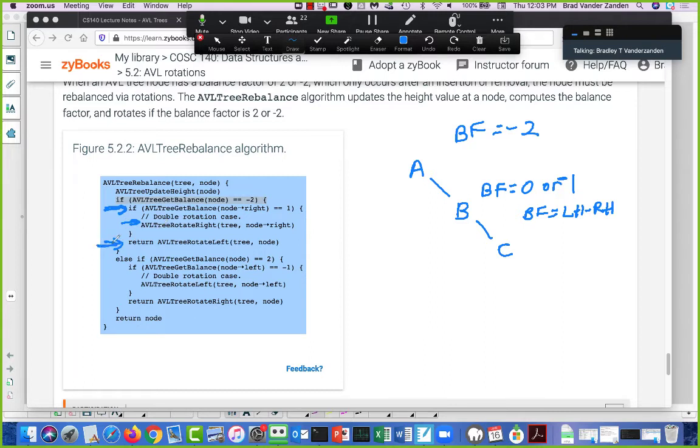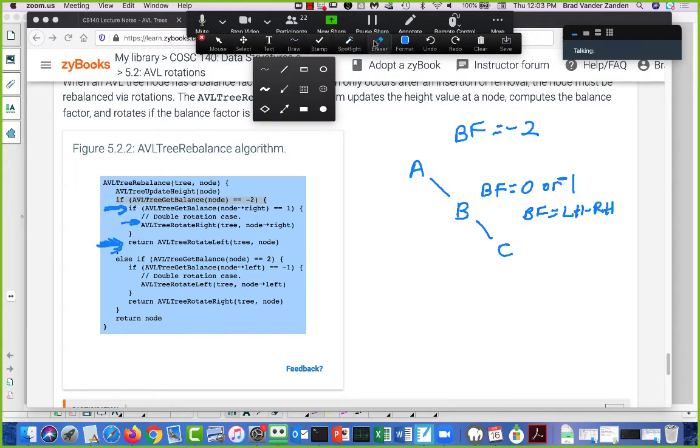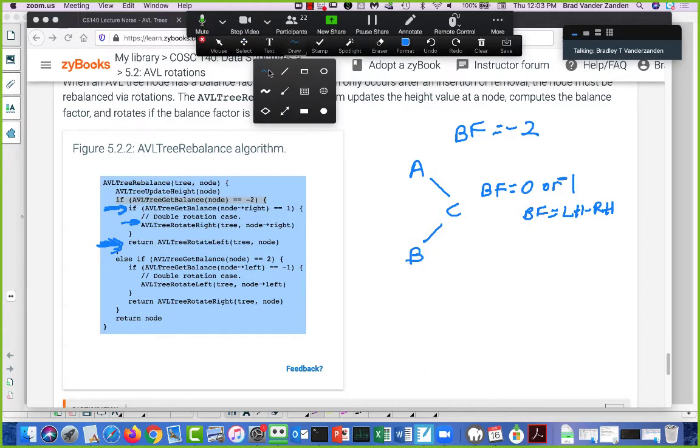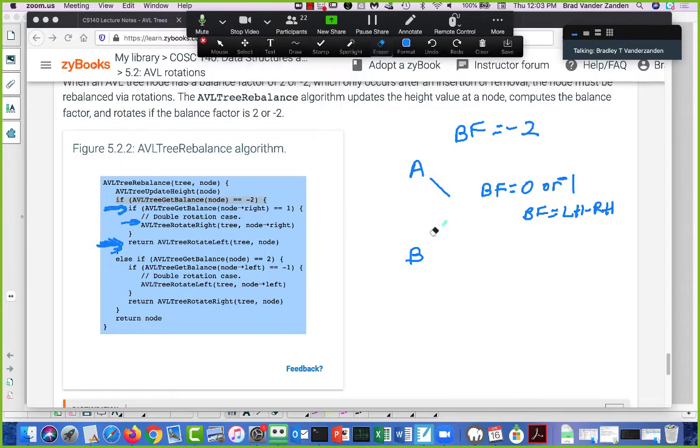We only have to do the second rotation about B. Remember, if it had been that case, we would do a single rotate, and we would already have moved into this position where we had B and C. That's what this rotate would have done.